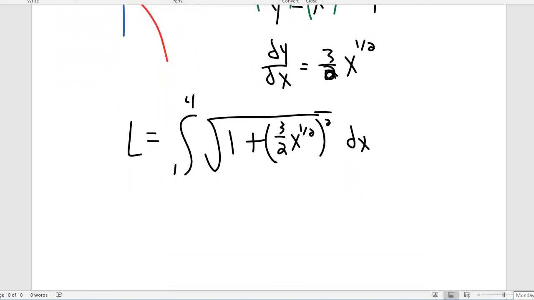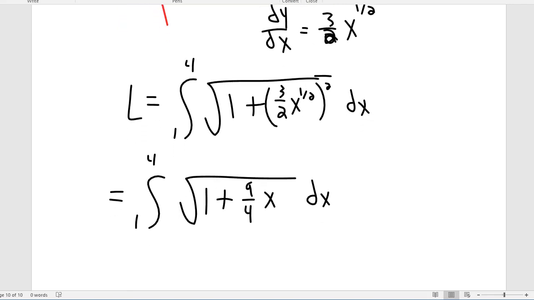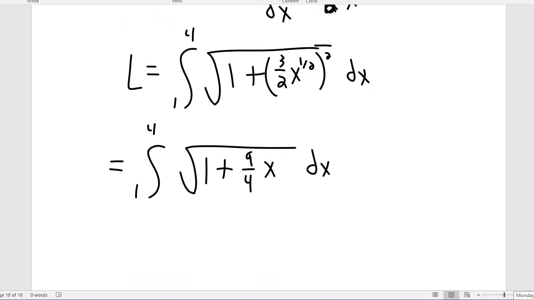So we could evaluate this integral. If we follow this all the way through, I get the square root of 1 plus, and this is what? This is 9/4, and then x to the 1/2 squared is just x, dx, going from 1 to 4. So remember back in the prior chapter, we talked about techniques of integration, and if I had a square root, a lot of times we used trigonometric substitution.